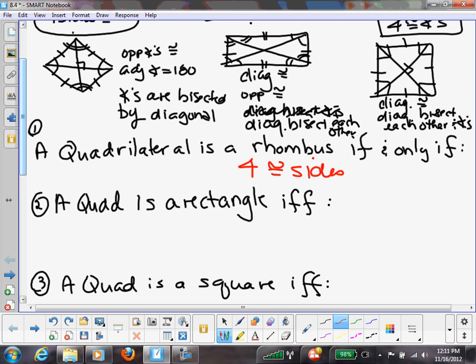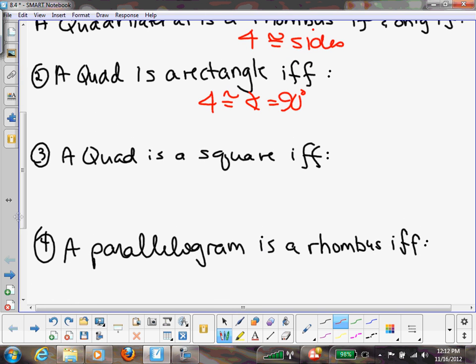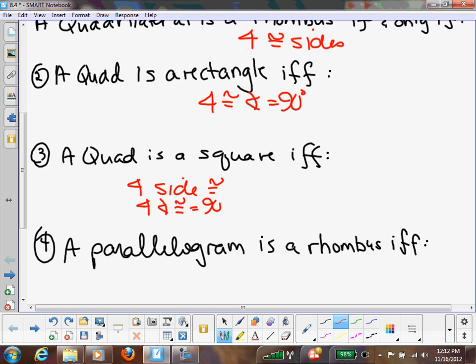Well, what else would I have to include then? And four angles, okay? A quad is a rectangle if, what do I want? Four congruent angles that equal 90 degrees. What do I need to say if I want to say I have a square? Four sides that are congruent, four angles that are congruent and equal 90 degrees, right?